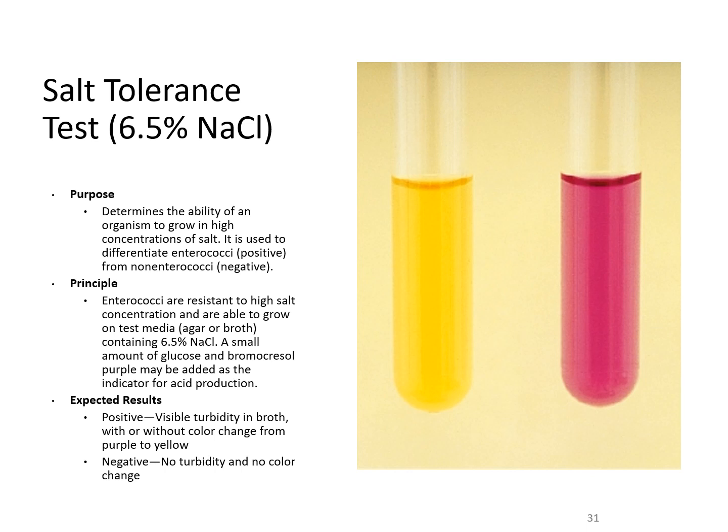As that organism is able to grow in that salt media, it will start to turn cloudy, and if there's an indicator within that media, then that indicator will change from purple to yellow. So this would be considered a positive test. It's really hard to tell that it's cloudy, but it is cloudy. And then this one is negative, there's no turbidity, and that indicator has not changed.